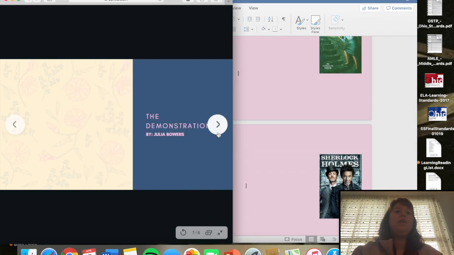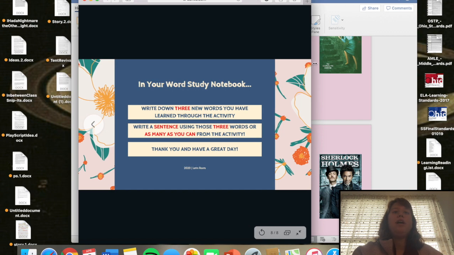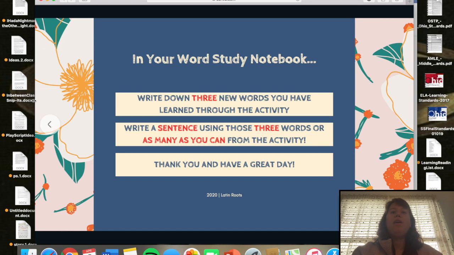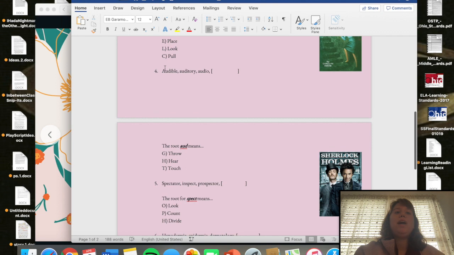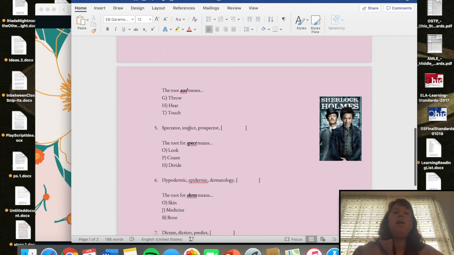Now, for your reader's study notebook, just to review what you will do after you finish that worksheet, is you'll write down 3 new words that you've learned through this activity, and you can draw that from the examples that we have here, like if you didn't know what audible was, spectator. You can look up these definitions.